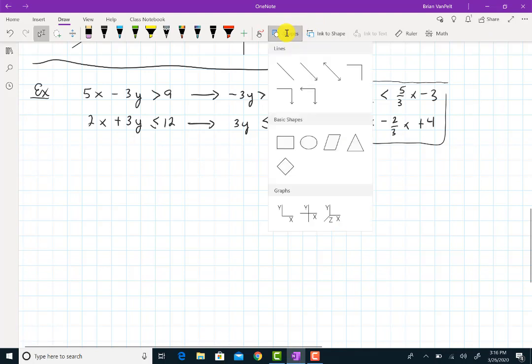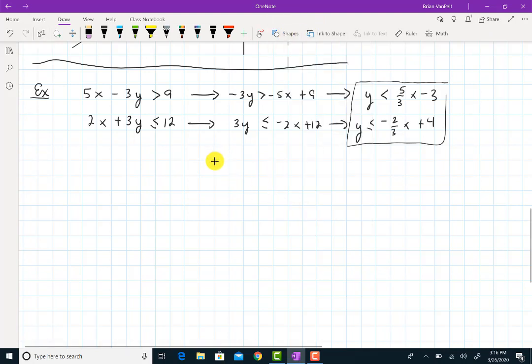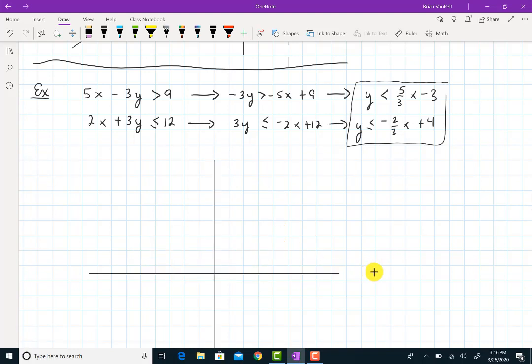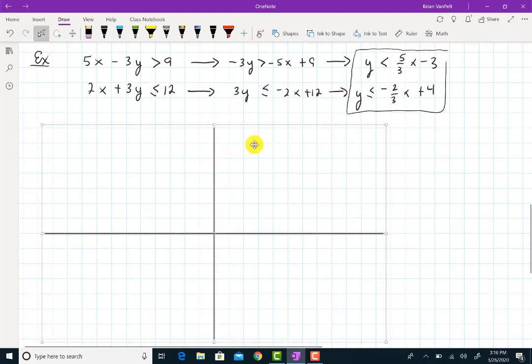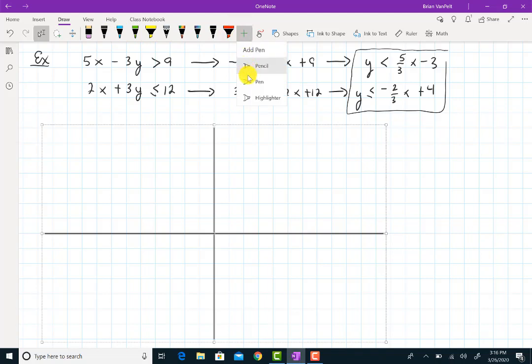Now, let me see if I can grab a shape, and go ahead and make it nice and big. Now, I'm going to see if I can make those thicker. Oh, you know what? There is a way.